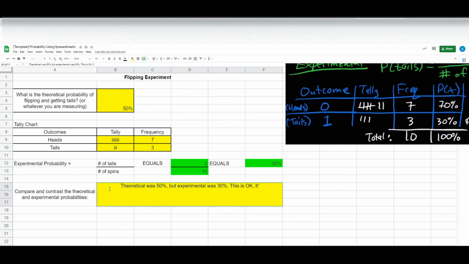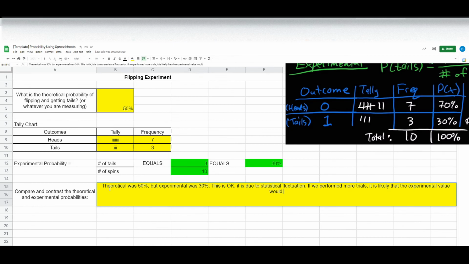It is due to statistical fluctuation. If we performed more trials, it is likely that the experimental value would approach the theoretical, or something to that effect.